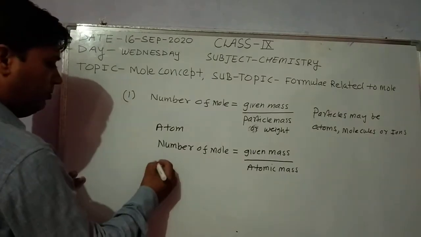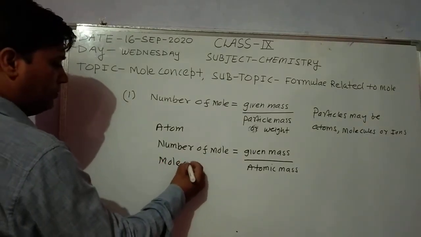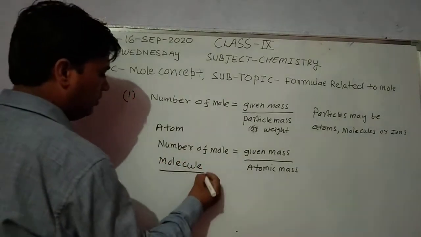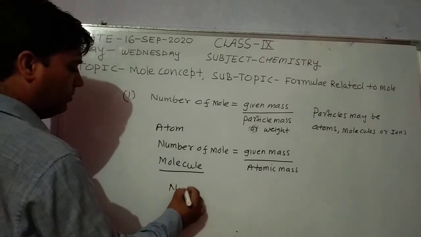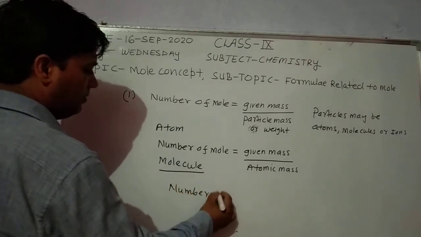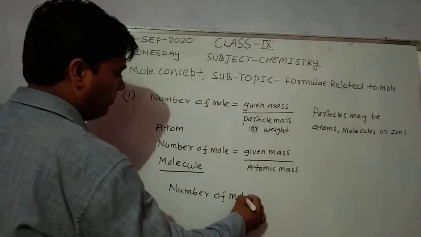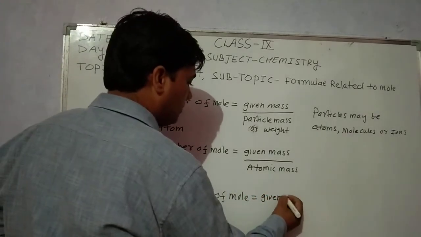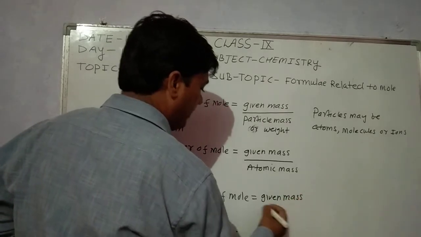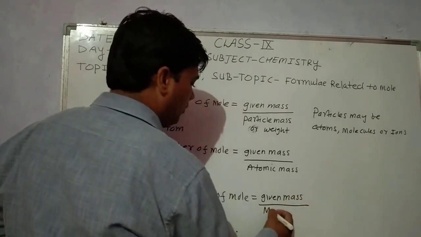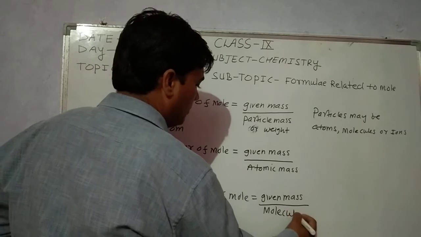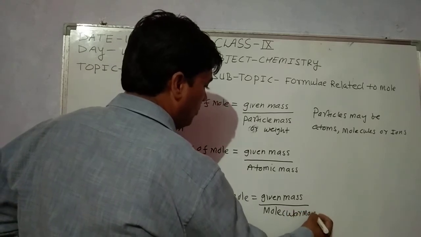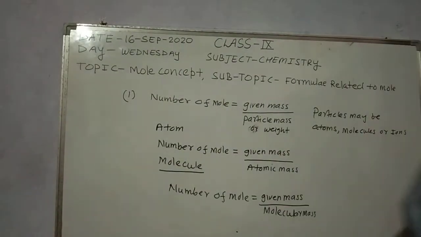In case of a molecule, number of moles is equal to given mass divided by molecular mass. Okay.